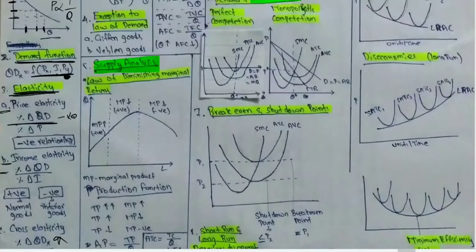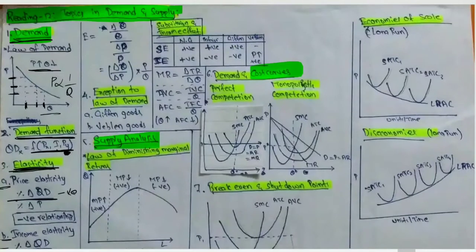To write elasticity, it is the percentage change in quantity demanded divided by the percentage change in price. The percentage change in quantity demanded means change in quantity by actual quantity, and percentage change in price means change in price by price, which we can write as change in quantity by change in price, into price by quantity.